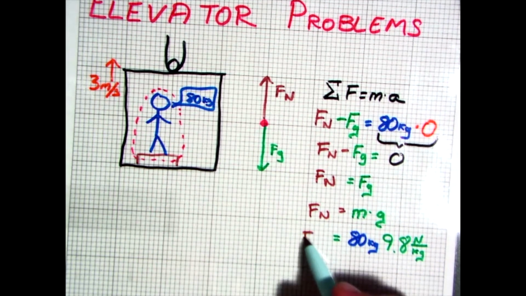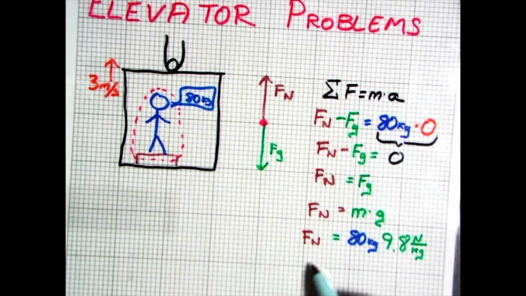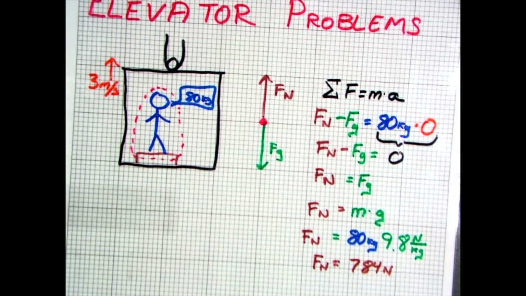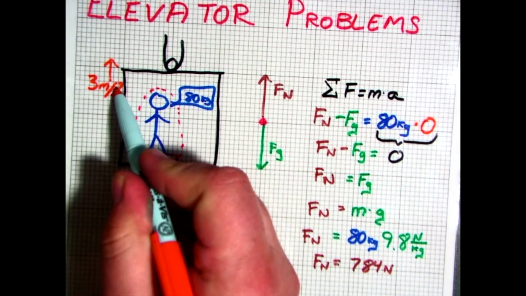So now we can calculate that the force normal is going to equal 784 newtons. So now let's see what will happen if rather than going up at a constant 3 meters per second, we instead accelerate up at 3 meters per second squared.